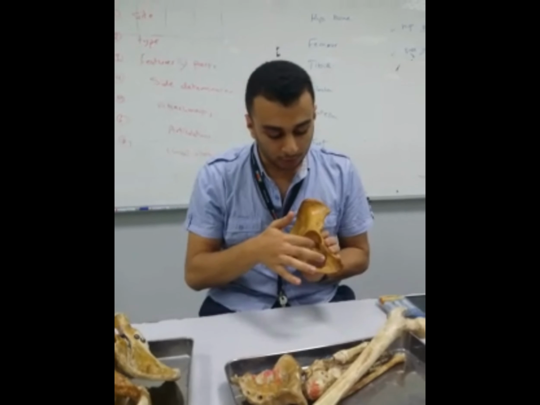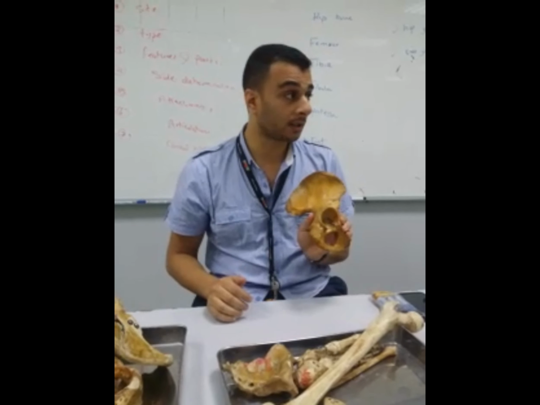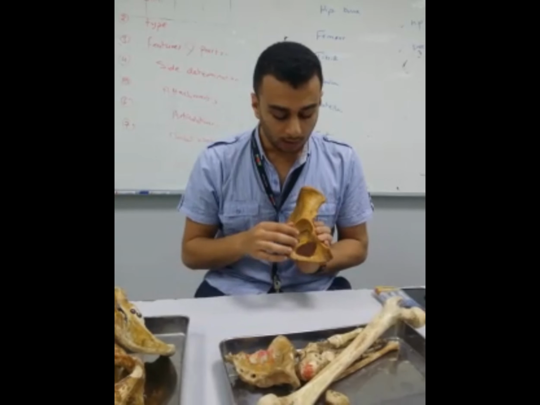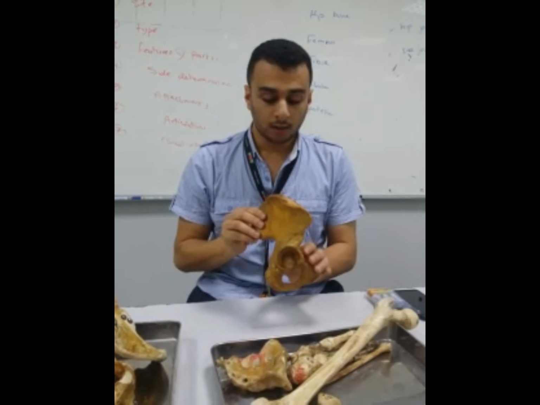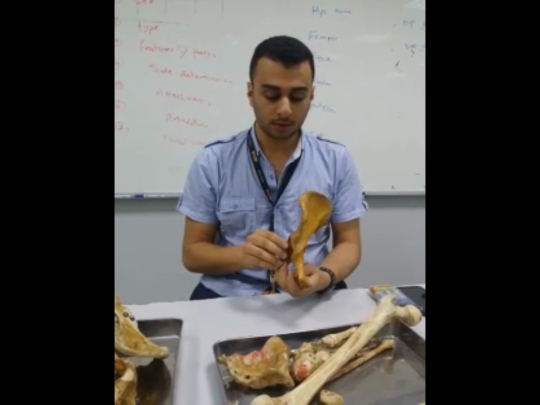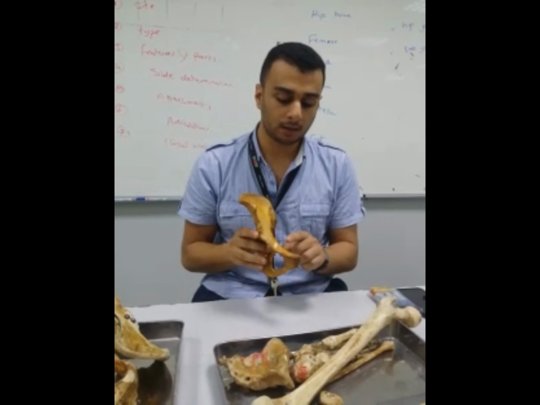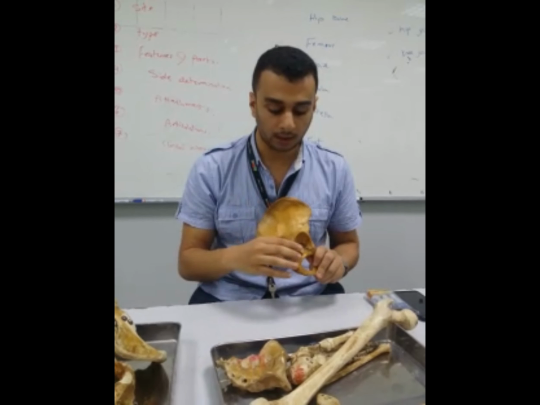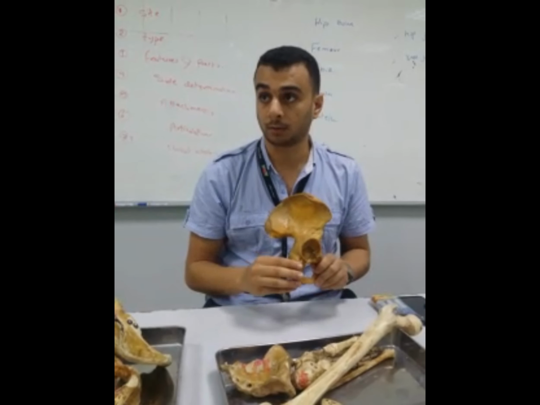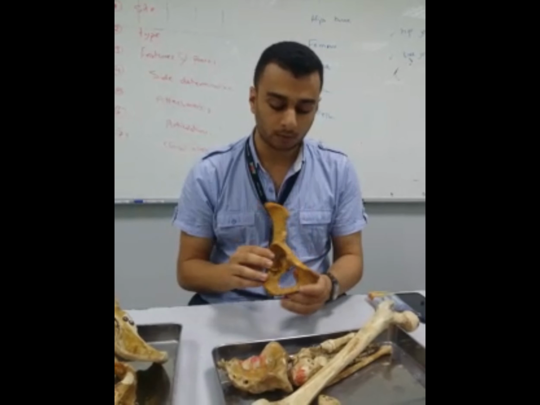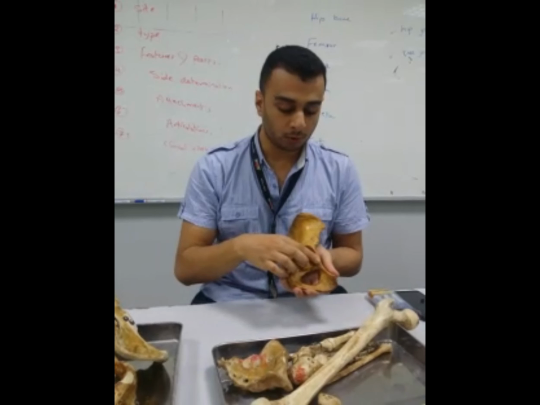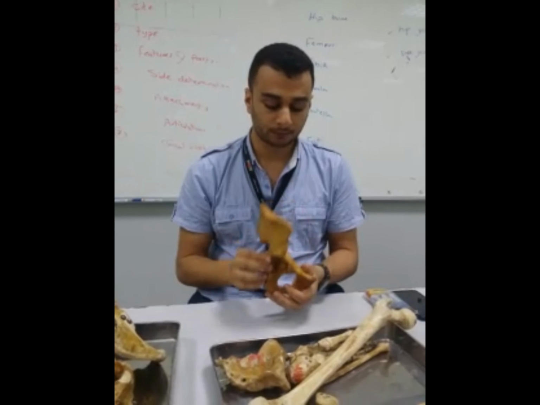There is supposed to be a Y-shaped band, looking like the Mercedes sign, but it's not here in this bone. The three bones are the ilium, the pubis, and the ischium, joined here in the acetabulum.